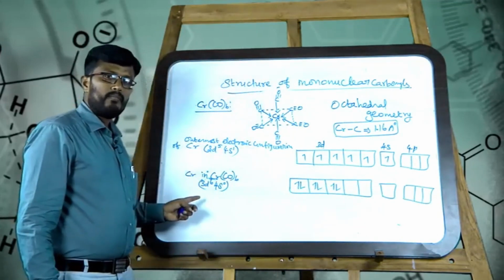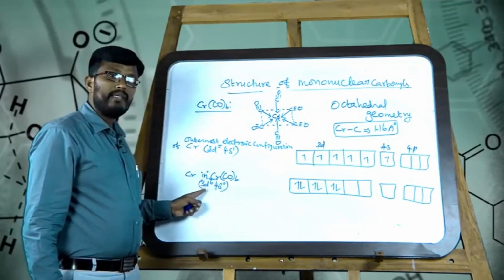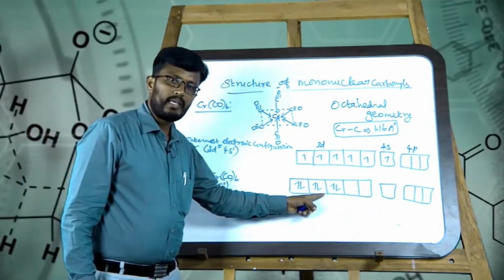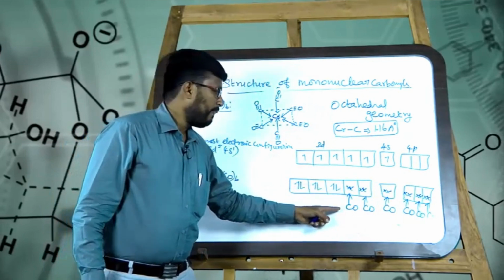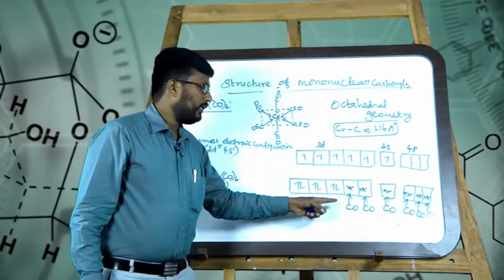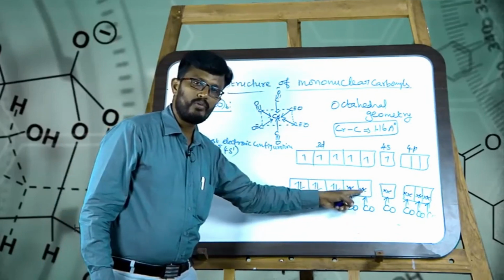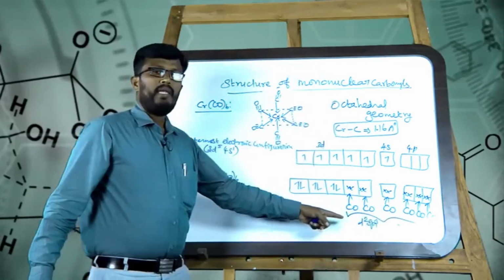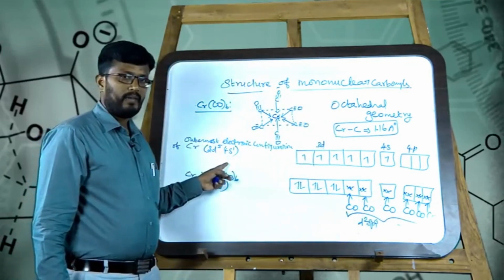The chromium in chromium hexacarbonyl has 3d6 4s0. The d orbitals contain 6 electrons. The remaining orbitals are filled up by the carbonyl groups. The carbonyl groups tend to donate electrons to the remaining orbitals, and that is d2sp3 hybridization for chromium hexacarbonyl.